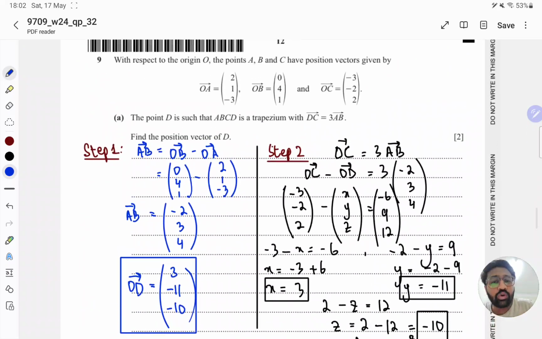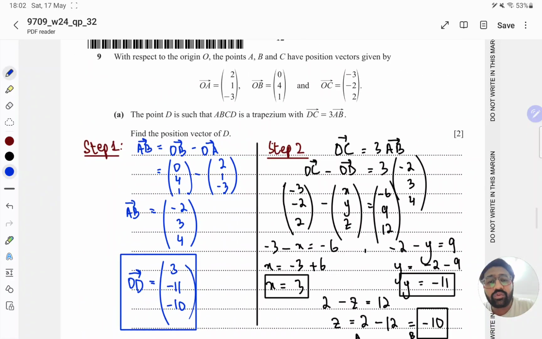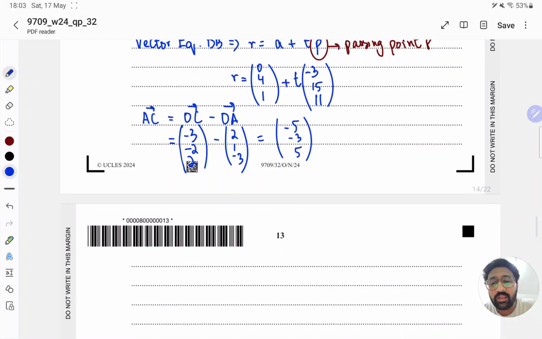OC we already know: minus 3, minus 2 and 2, minus OA, which is 2, 1 and 3. If I simplify, it will be minus 5, minus 3 and 5. So this is the equation for AC.